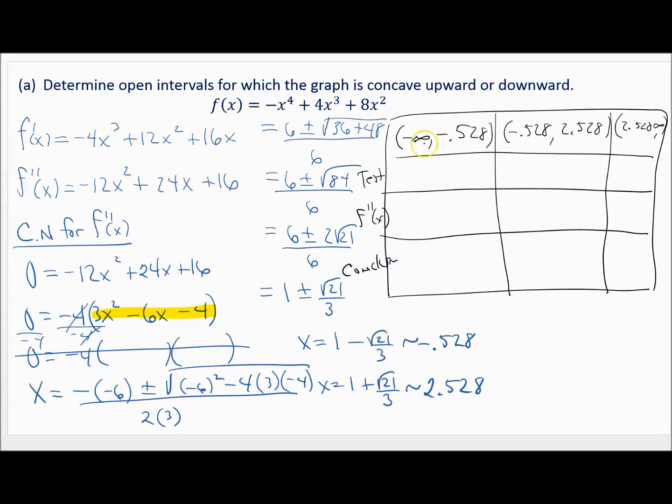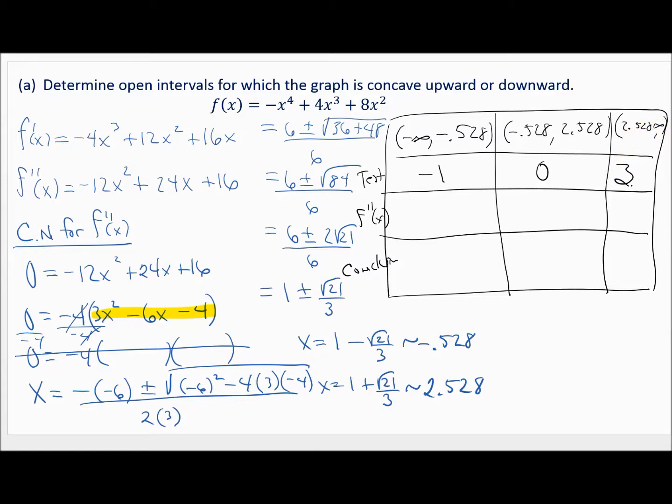So let's pick a point between negative infinity and negative 0.528. And I'm thinking, negative 1, right? Maybe something in between negative 0.528 and 2.528. My favorite number in there is 0. I always use 0 if I can. And then a number between 2.528 and infinity, 3 looks good to me.